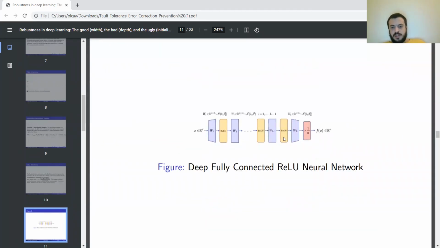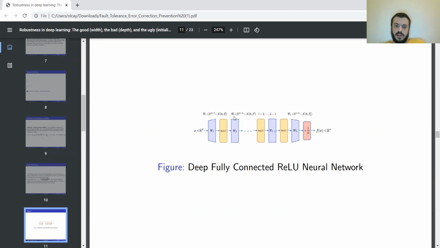Okay, so this is, for example, what the authors use: the deep fully connected ReLU neural network. What is the Gaussian distribution of weights? For example, in the first layer, this is Gaussian. It says that this is a Gaussian distribution, W1, with zero mean and variance beta 1 squared.